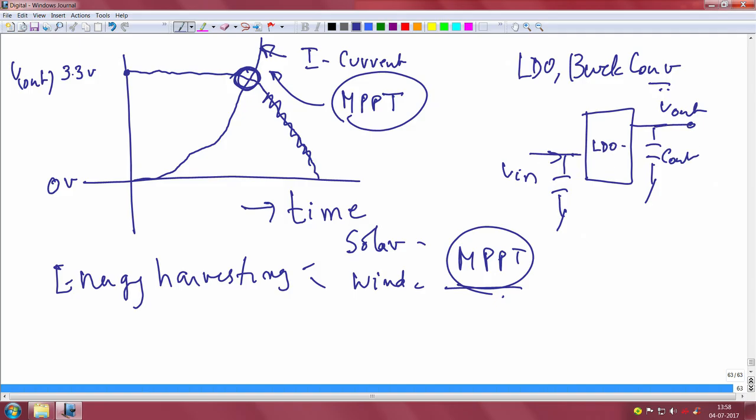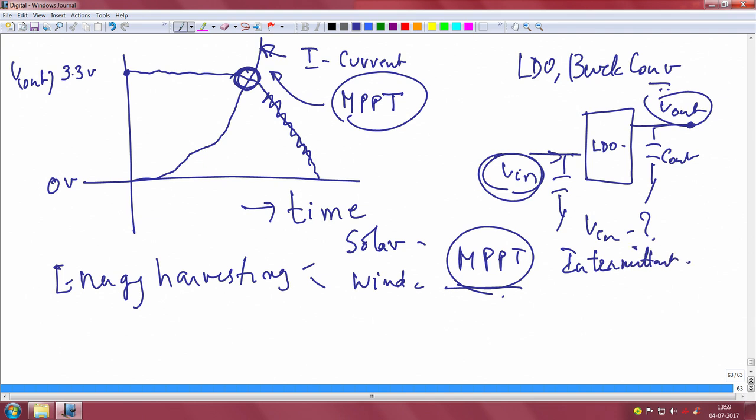This is the LDO. This made an assumption that V in is always there, and that V out is with respect to V in being present. But in harvesting circuits you do not even know if your V in will actually be there. Is it there? Is it intermittent? Is it not intermittent? So, that is the problem.